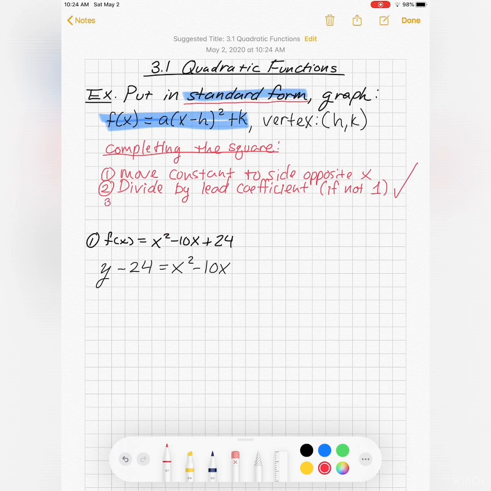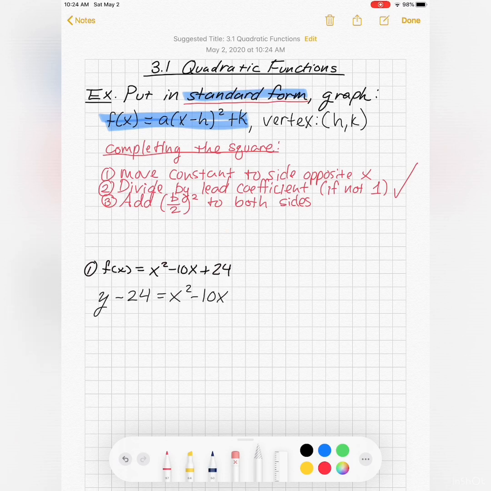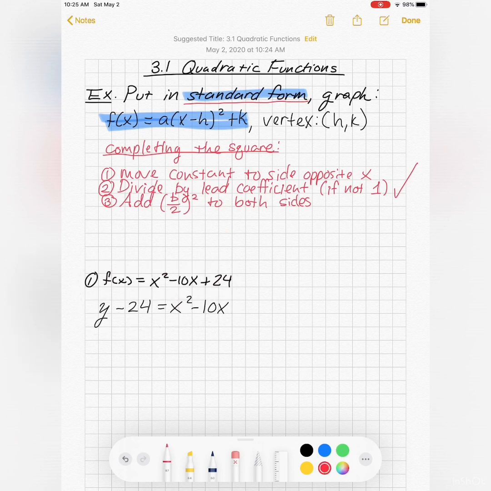Okay, here's step 3. Add the special number. The special number is b over 2 squared. I have to add this to both sides. So what does that mean? When I'm looking at this, typically we think of this as being like ax squared plus bx plus c. So the b is the coefficient on the linear term, the coefficient on just the x.